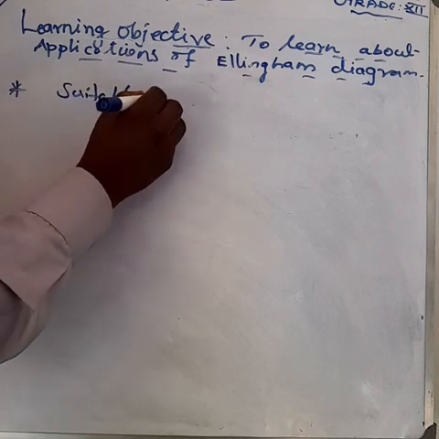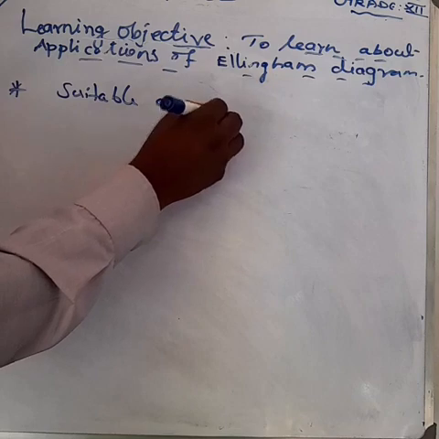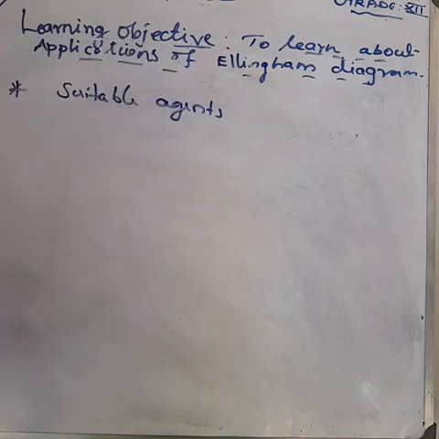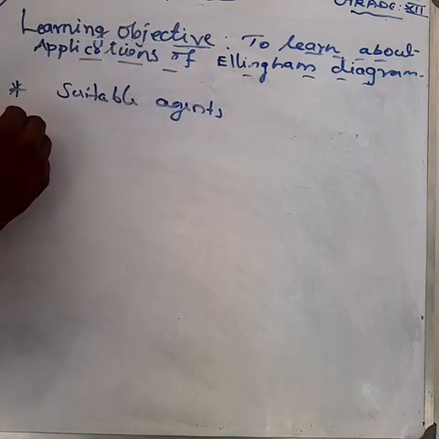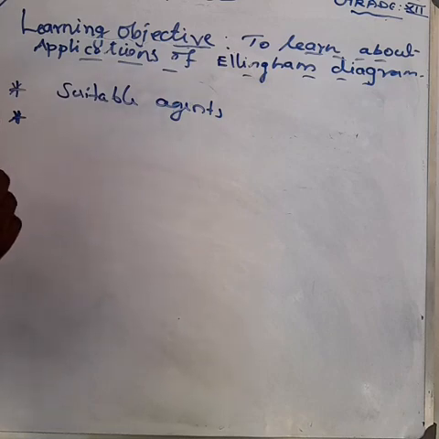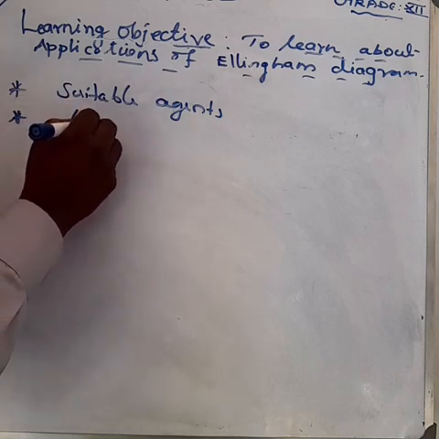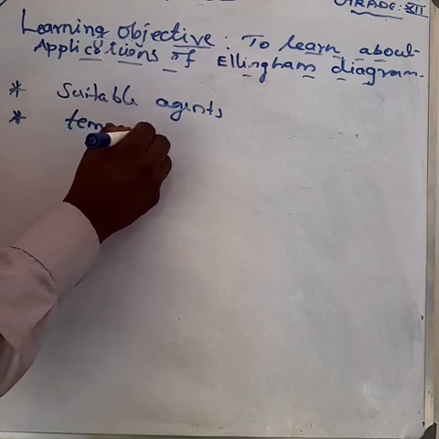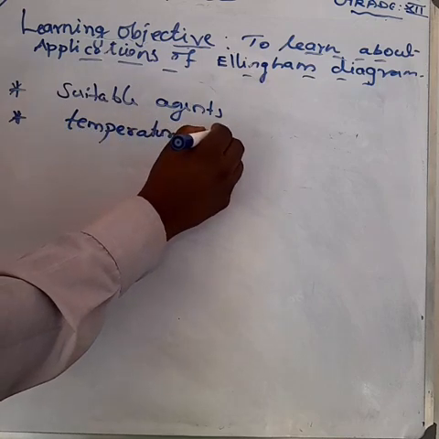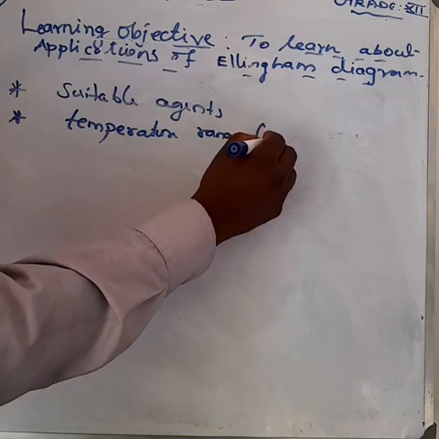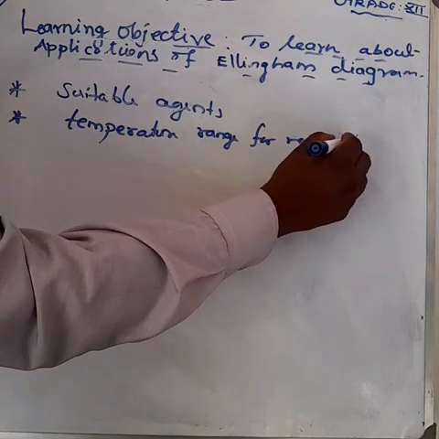Number one, select a suitable reducing agent, and second, it helps to select the appropriate temperature range for reduction. These are the two applications. We can learn about some examples.